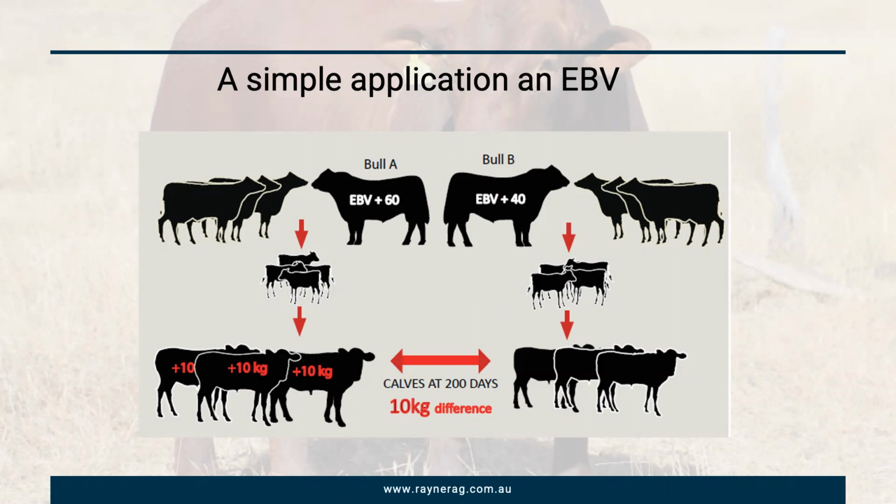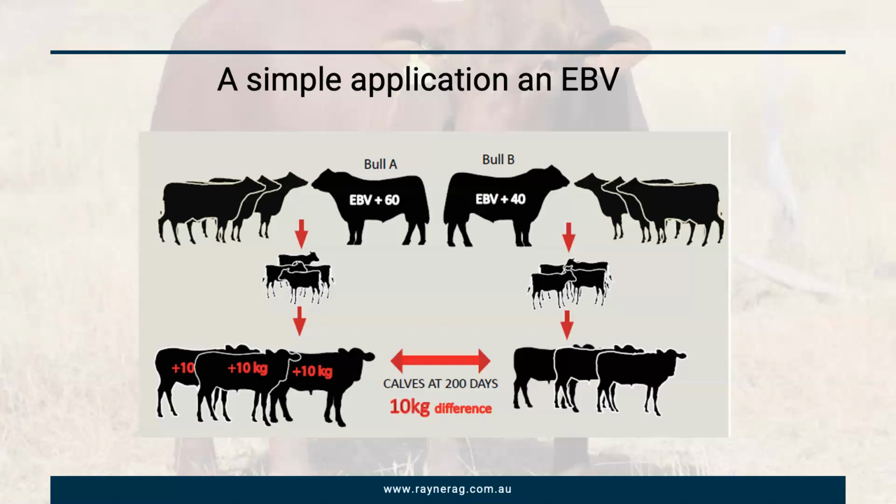So if you joined those bulls to those cows, one of the first things to remember is that only half of that genetic potential is going to be passed on by the bull. So effectively, bull A has an extra 30 kilos of growth potential that he could offer to his progeny, compared to bull B, which is going to be about 20 kilos.